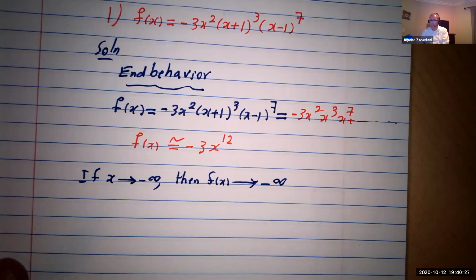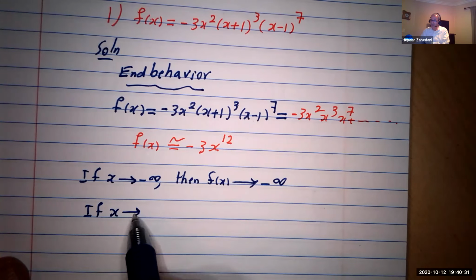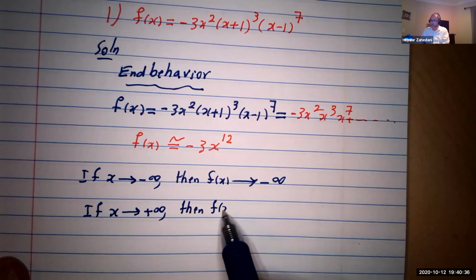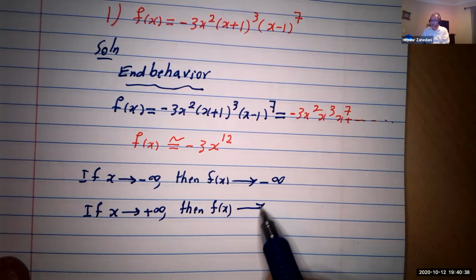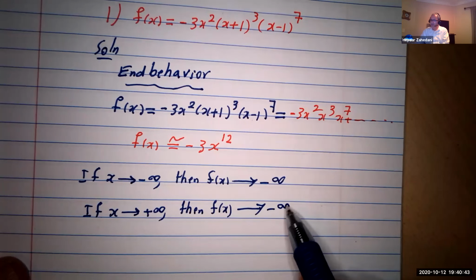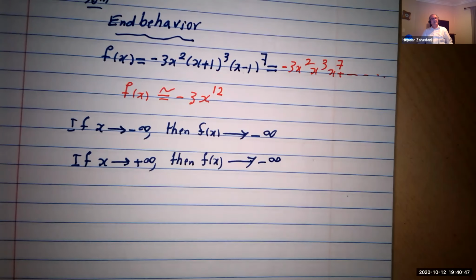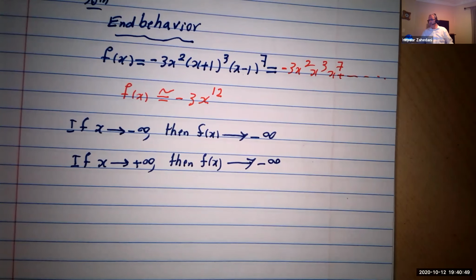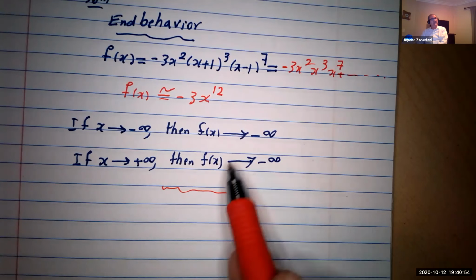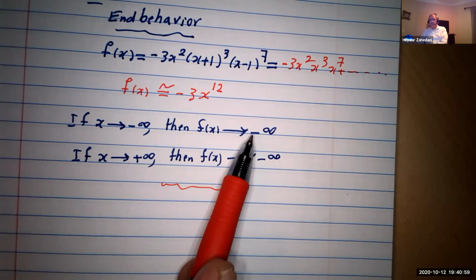The other way around, if x goes to positive infinity, then f of x goes to positive to the 12 would be positive, but there is a negative here, negative infinity. So it's going to be down. You can make a note. So that's step one, end behavior. That will tell you where to start and where to end. Negative, negative is the first term. This is third quadrant.